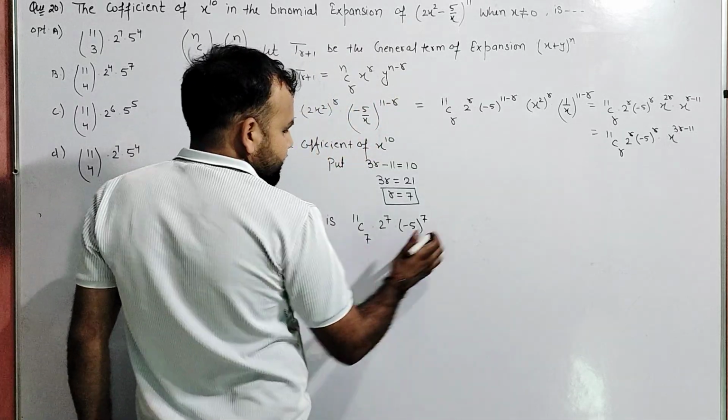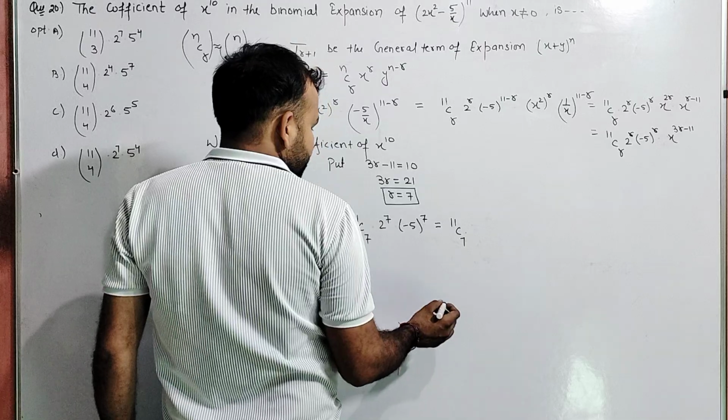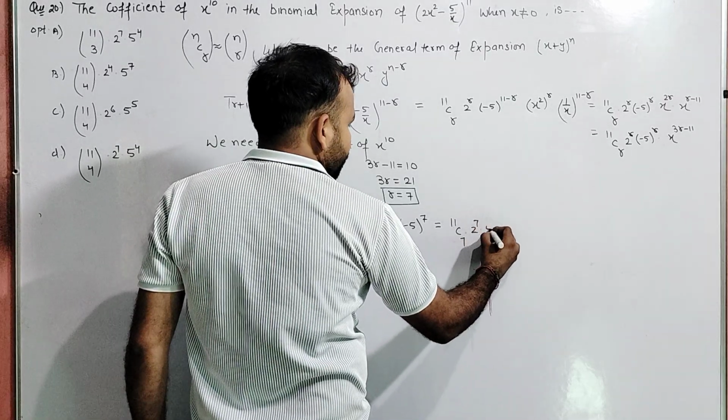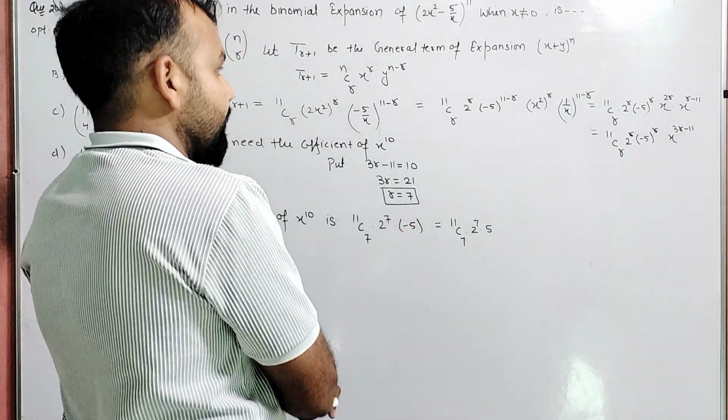So student, this is the coefficient, and this can also be written as 11C7 into 2 to the power 7 into 5 to the power 5 or 7.